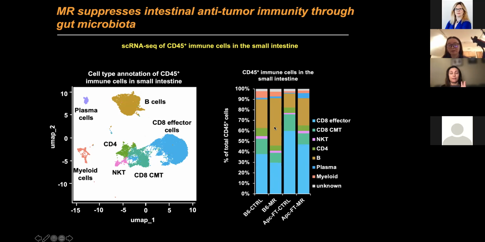Strikingly, this reduction of CD8 effector cells and CD8 central memory cells, and expansion of B cells, can be transferred to the recipient mice after just 7 days of fecal transplantation. This indicates that dietary methionine primarily impacts gut immunity through regulation of the gut microbiota.